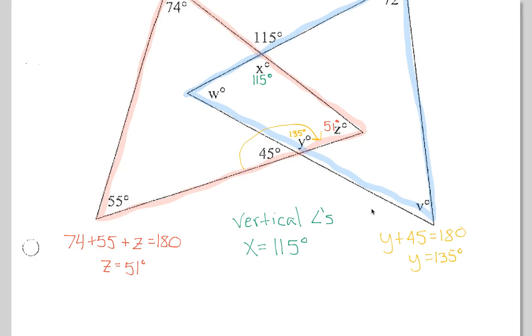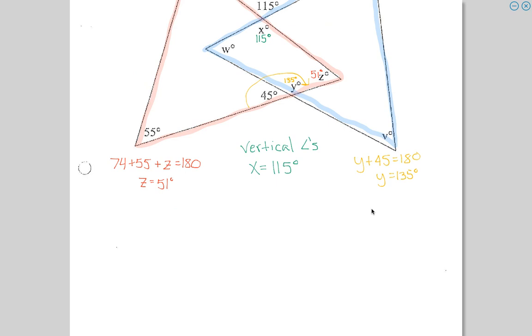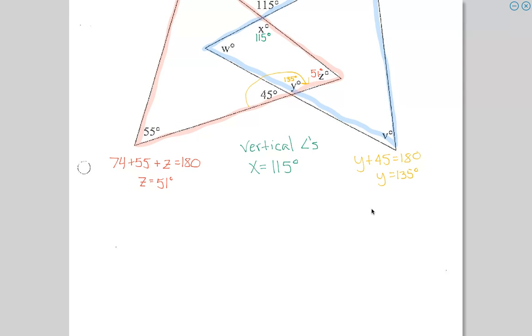Now I can find W. So W plus 115 plus 51 plus 135 should equal 360.